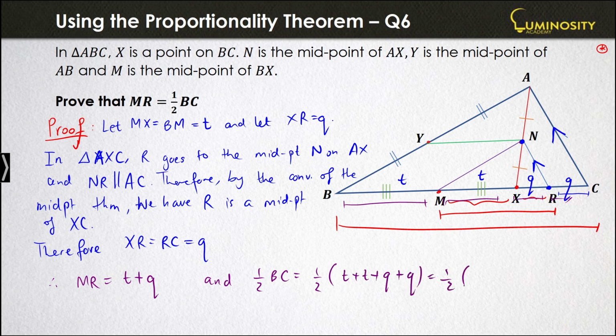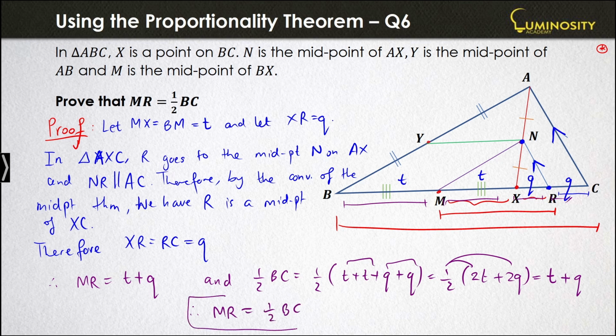That's a half of 2t plus 2q. If I distribute that half, half of 2t is t, and half of 2q is q. Therefore, I've shown rigorously that MR is exactly equal to half BC.